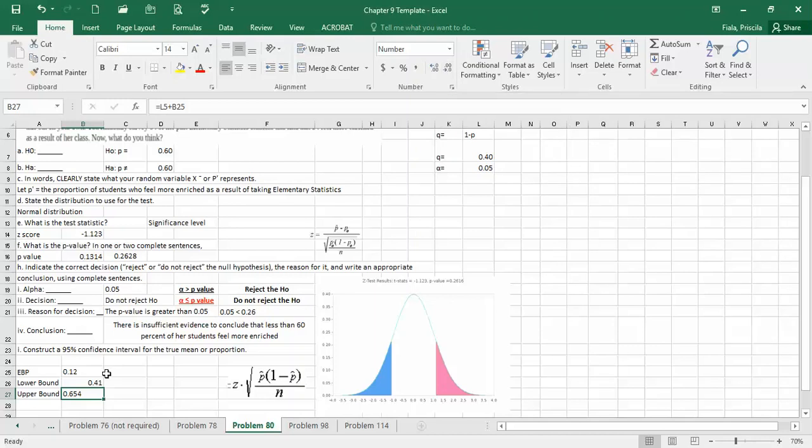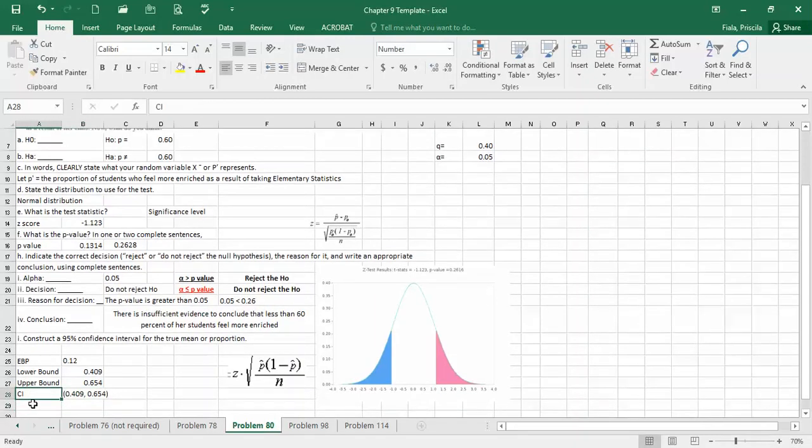I'm just going to leave it at 3 digits actually. So this and this one right here. Okay. So I'm going to conclude that my confidence interval is going to be between about 41% and 65%.